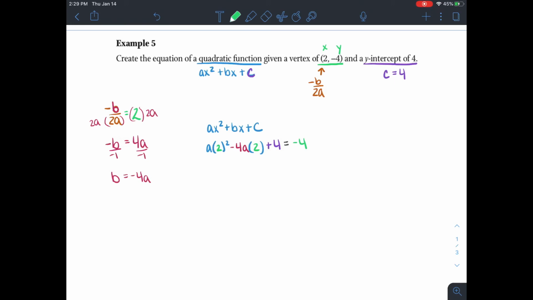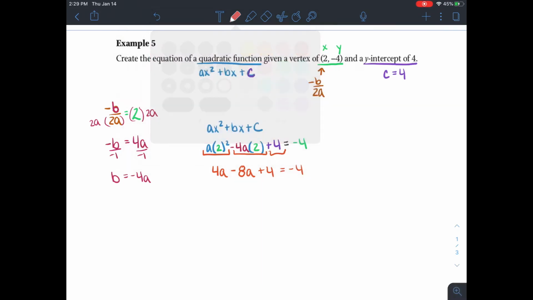So the first thing we want to do is simplify everything down and start combining like terms. In this first piece here, we have 2 squared times a. 2 squared is 4, giving us a 4a. In our second piece here, we have negative 4 times 2, giving us a minus 8a. Positive 4 stays the same, and then equal negative 4 stays the same.